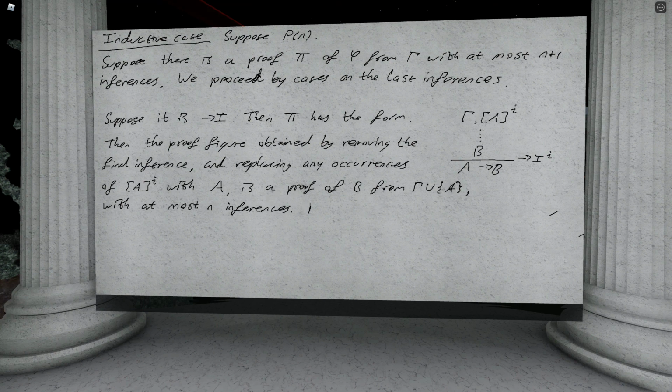So then by my inductive hypothesis P of n, we have gamma union A entails B.